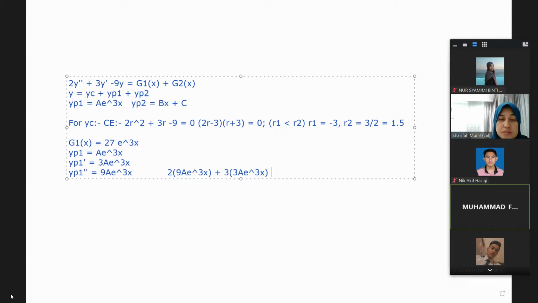Minus 9 in brackets A e to the power of 3x, okay? Equivalent to 27 e to the power of 3x. You're getting good here. So everything is also e to the power of 3x.